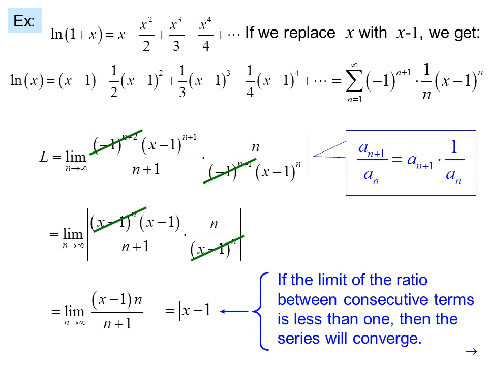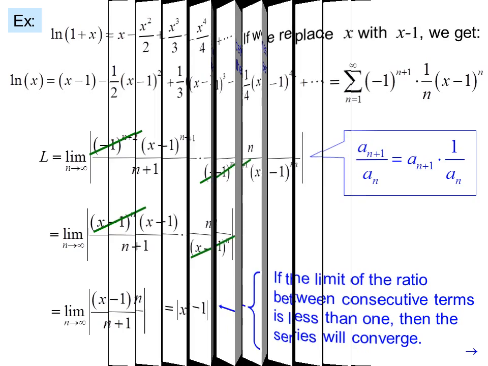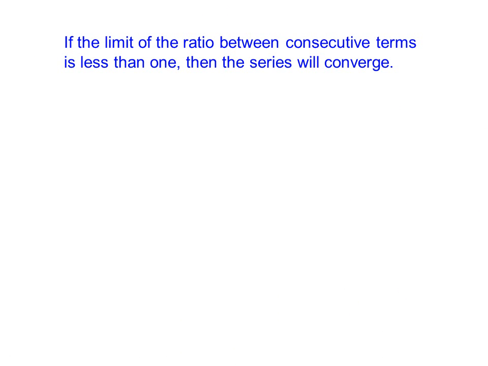If the limit of the ratio between consecutive terms is less than 1, then the series will converge. So this series should converge if the absolute value of x minus 1 is less than 1, which could be rewritten as negative 1 is less than x minus 1 is less than 1.